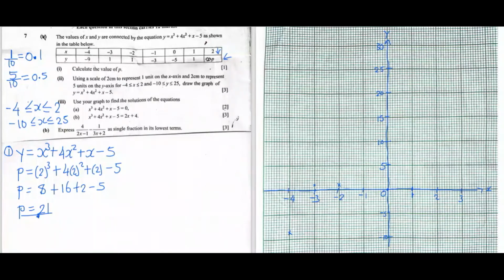Then we have (-1, -3); you need to count 6, so -3 is here. The other one is (0, -5), just here. Then (1, 1) is here. Then (2, 21), so 21 is here. Then we can draw our curve.